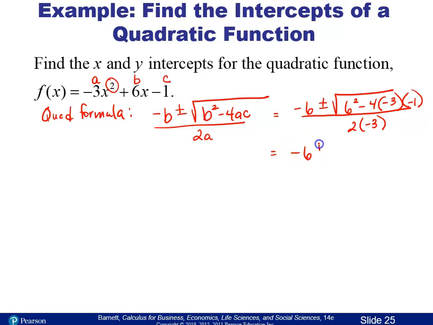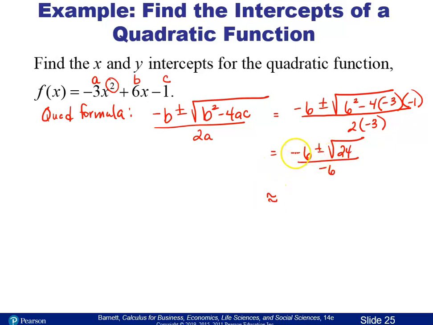So we can simplify this. This is going to be 36 minus 12, so I'm going to have 24 over negative 6. In this class, I'm not that concerned about simplifying radicals, so you can just put this in your calculator to come up with decimal equivalents.